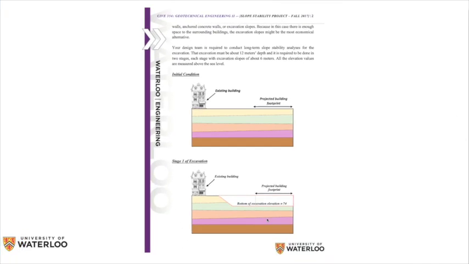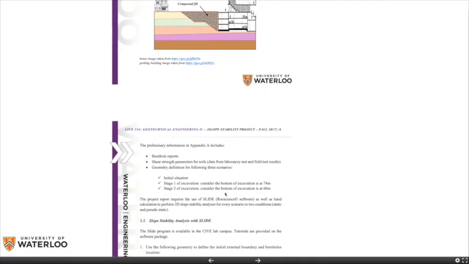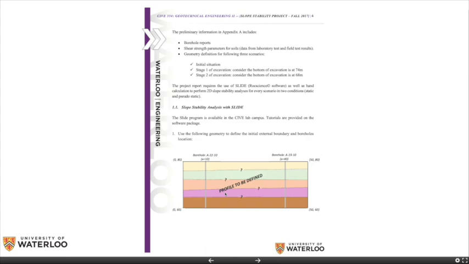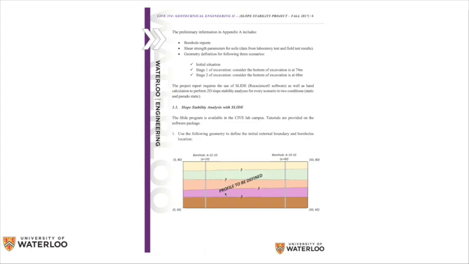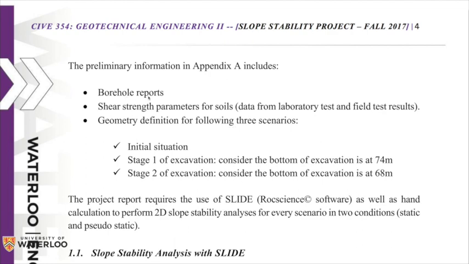If you read the document and you have any question, please email me. I will answer any question. So basically, we have the boreholes report, we have the shear strength parameters for the soils, and we have now the geometry definition for the 3 scenarios.